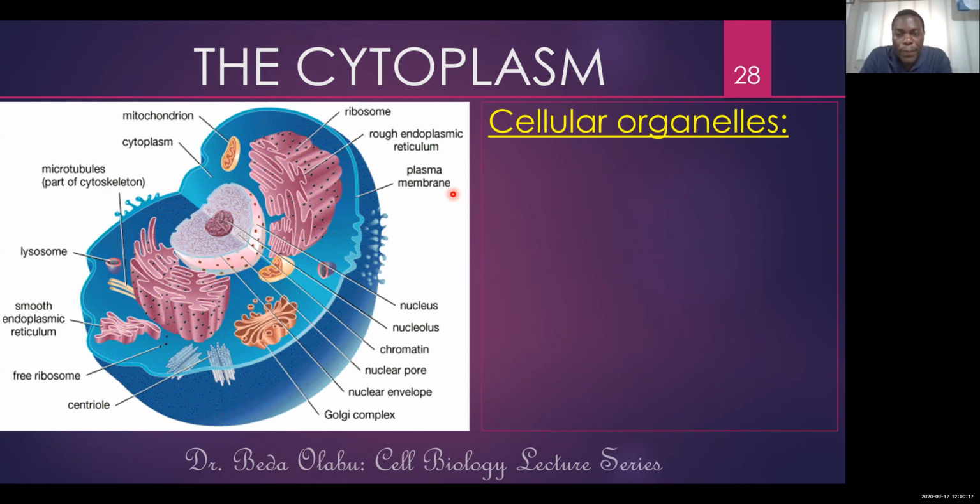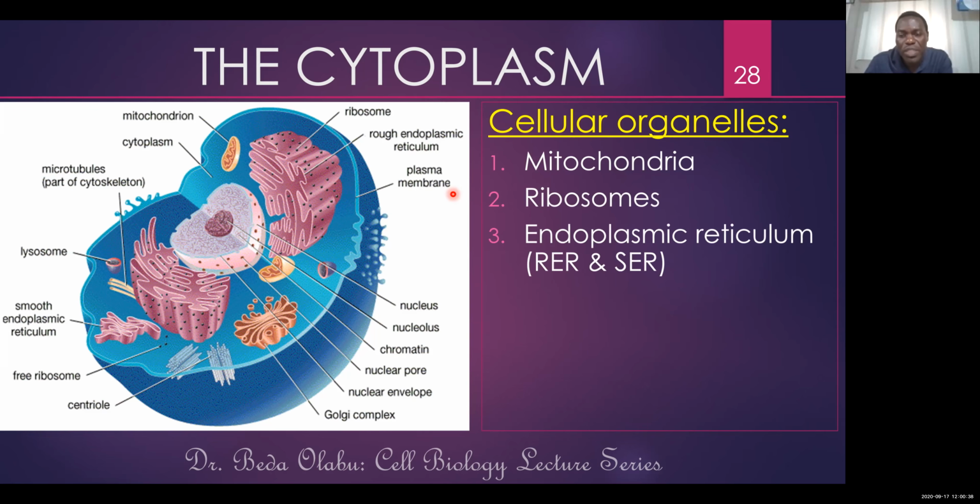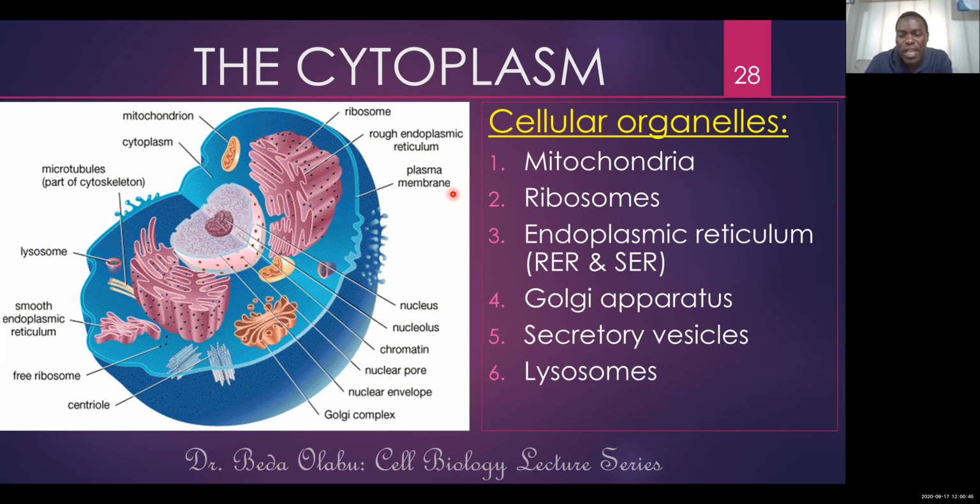Cellular organelles are structural units within the cytoplasm that perform specific functions of the cell. There are many organelles. You have mitochondria, ribosomes, endoplasmic reticulum, which can either be smooth or rough, Golgi apparatus, secretory vesicles, lysosomes, centrioles, and I want you to add peroxisomes to that list.